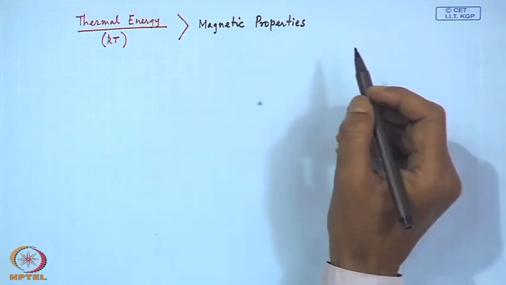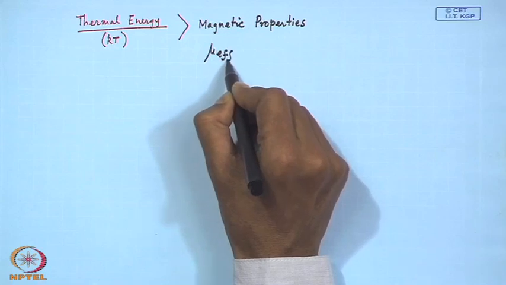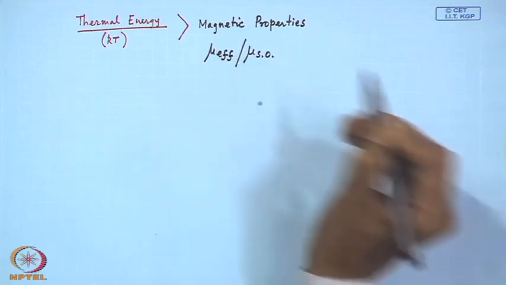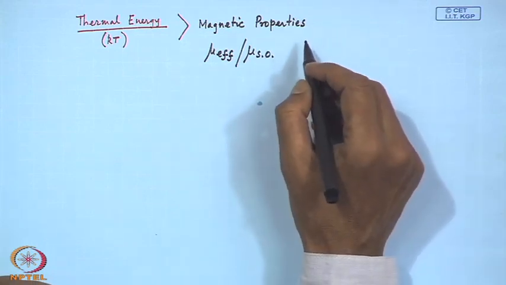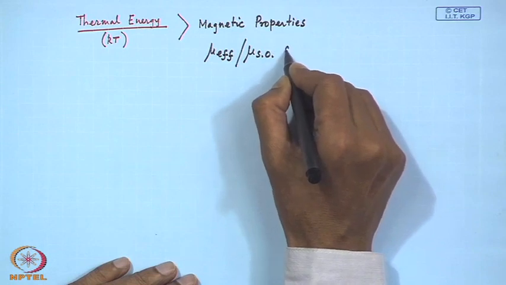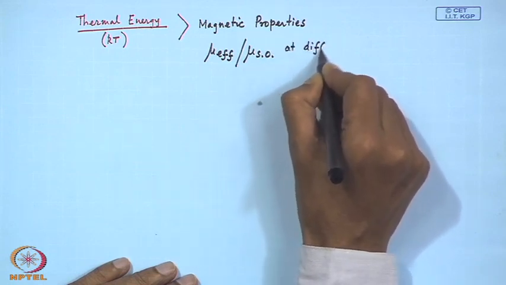We can determine mu effective or mu spin only, which are the main contributors to the magnetic moments at different temperatures.